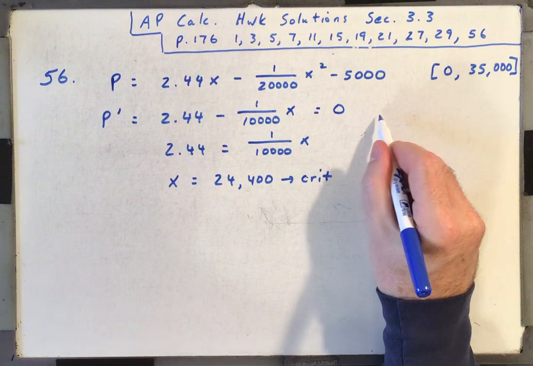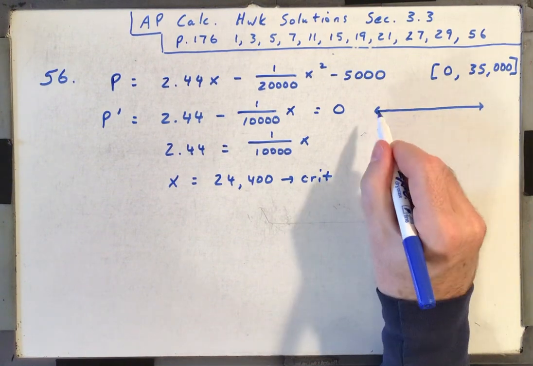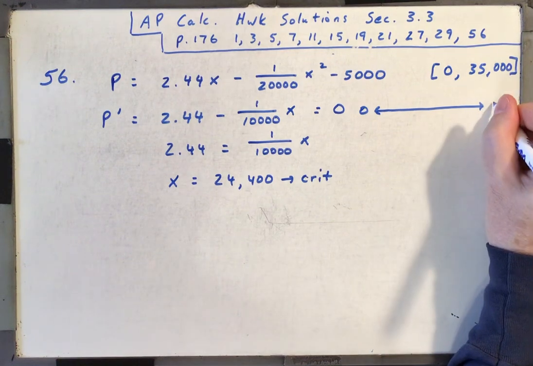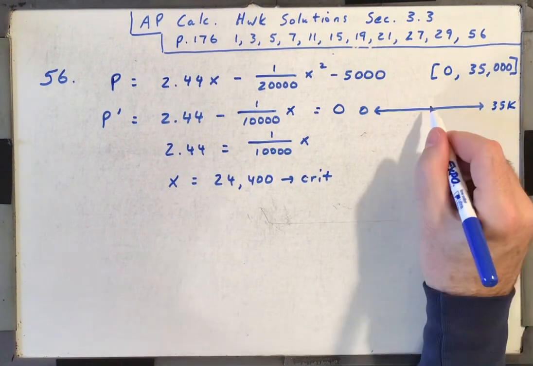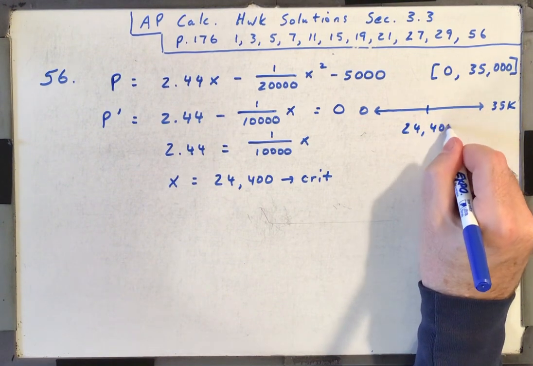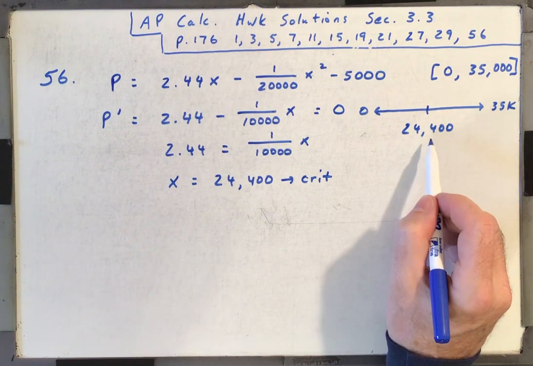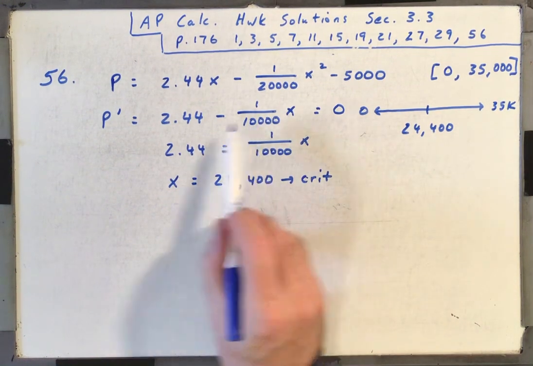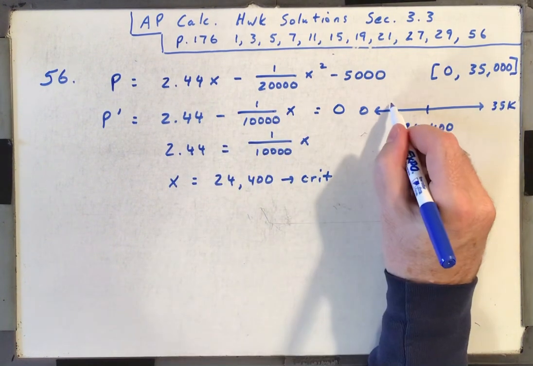And I'm going to plug that in right here. 0, 35,000. Let's just put a K. And we have 24,400. Okay, to the left of 24,400, I'm just going to pick 1. 2.44 minus 1 over 10,000 times 1 is positive.